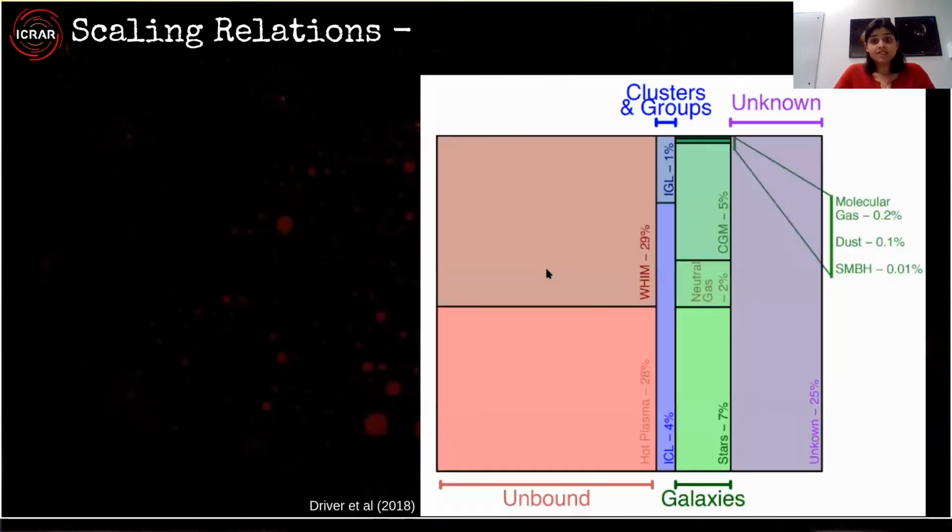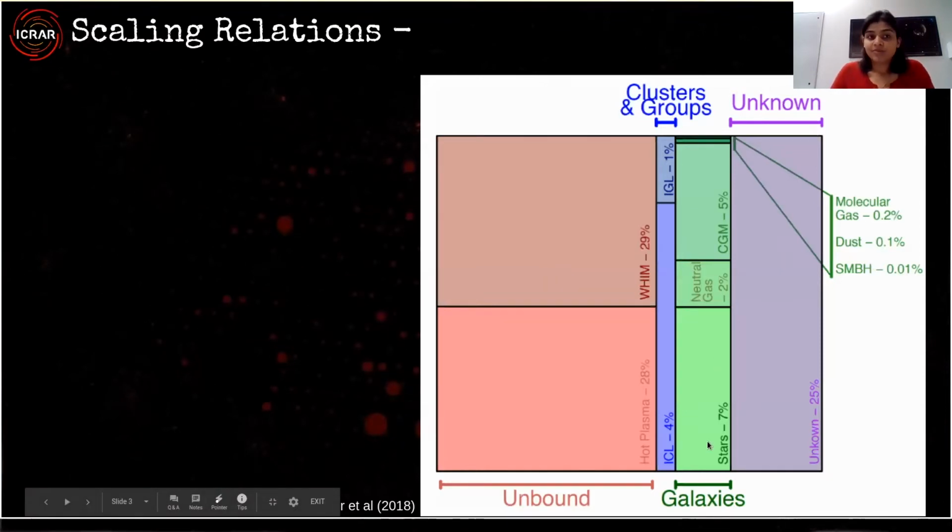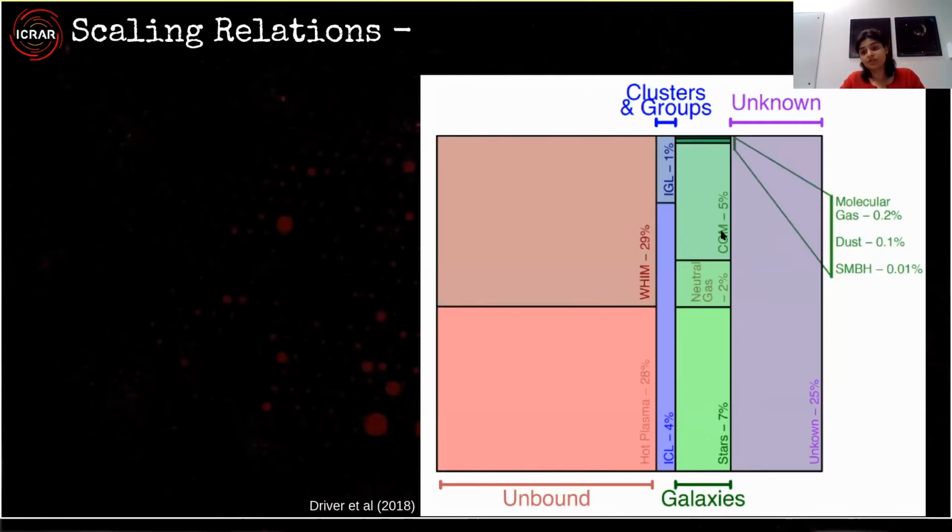So moving forward, why am I interested in the H1-HM scaling relation? From this baryon budget diagram, the stars make about 7% of the total baryon budget that we see over here, and neutral gas makes about 2% of the baryon budget.